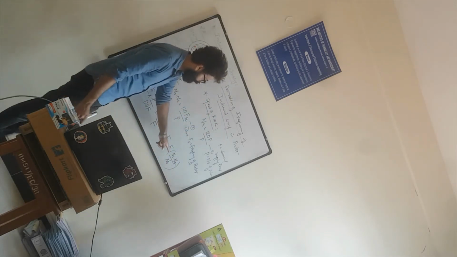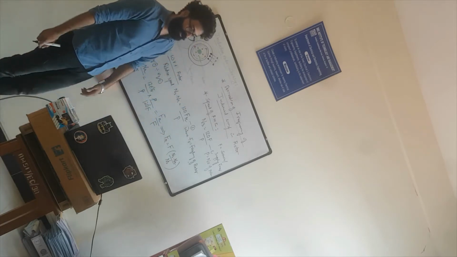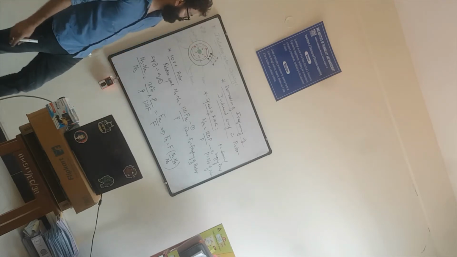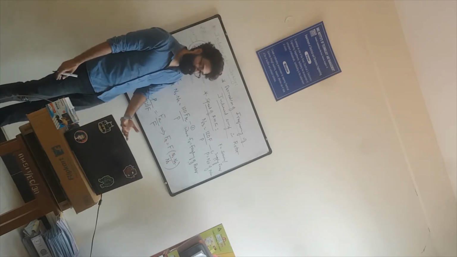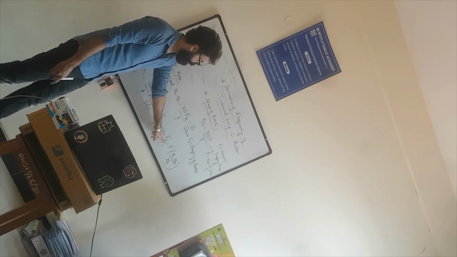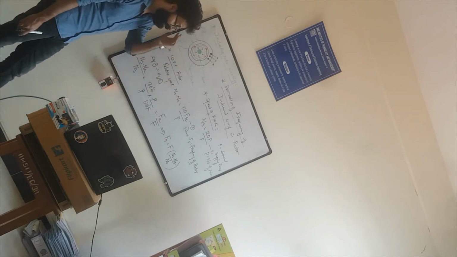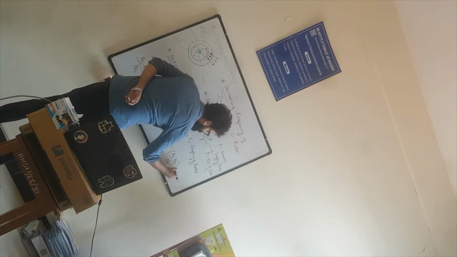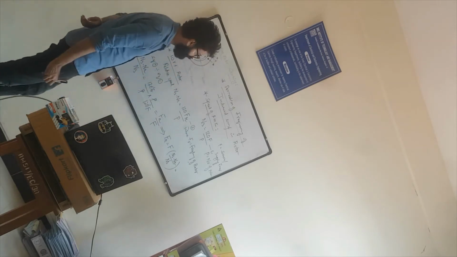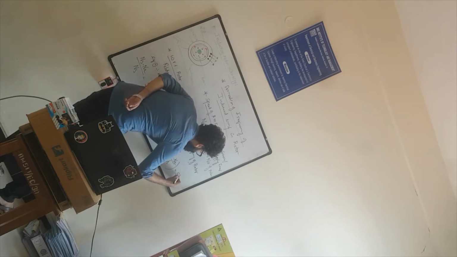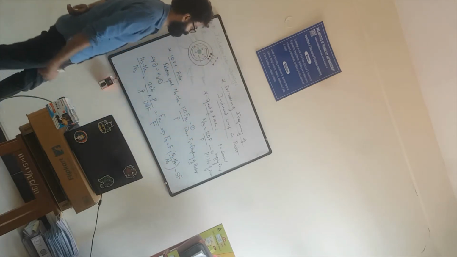Now, the ratio (Ns minus Nr) divided by Ns, does it have any dimension? It is not having any dimension. Ns minus Nr is expressed in RPM, and Ns is also expressed in RPM, so RPM gets cancelled, and the unit of Fr remains hertz. Now, the ratio (Ns minus Nr) divided by Ns is called the slip of the induction motor. So you can write Fr equal to slip times the frequency of the supply.